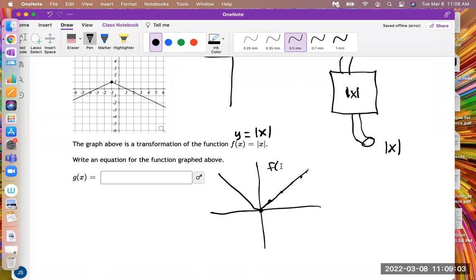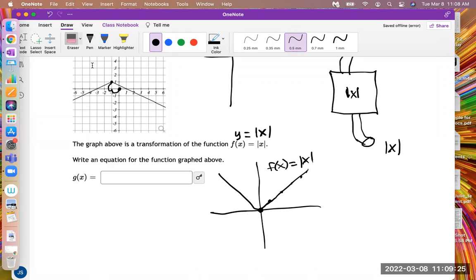Again, this is a graph of f of x equals absolute value of x, and its center is located at 0, 0. This is not located at 0, 0, so it's an indication to me that it's been moved. It used to be here and it's been moved exactly one place to the left and one place up.